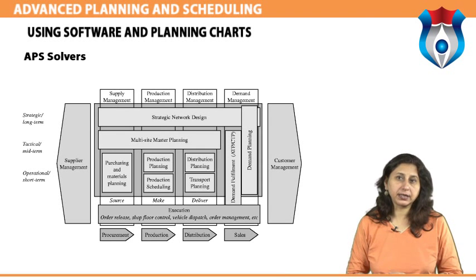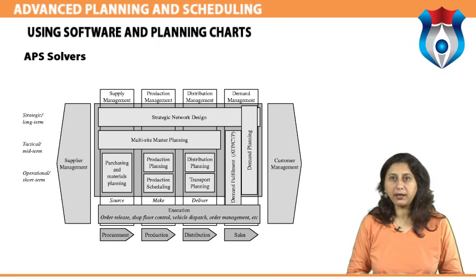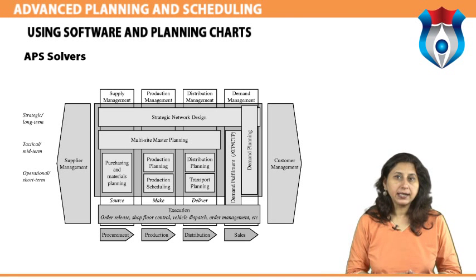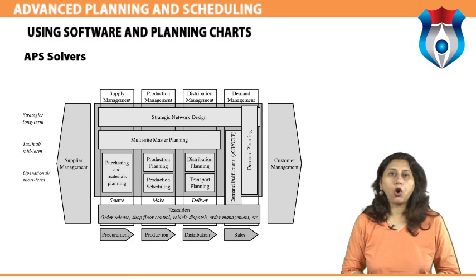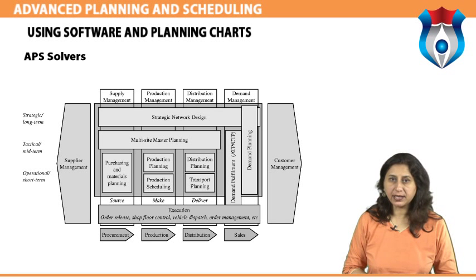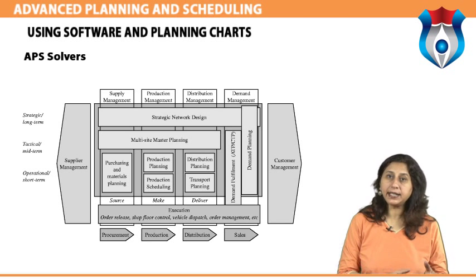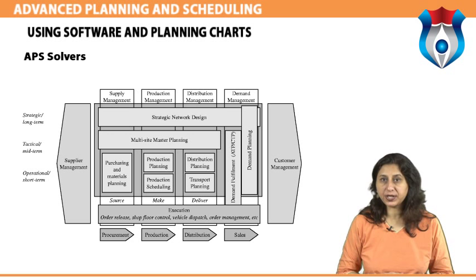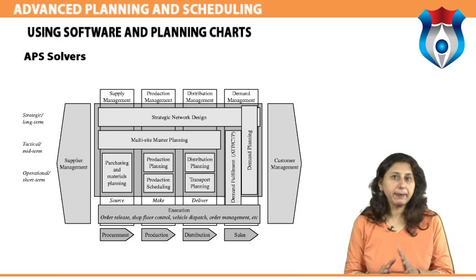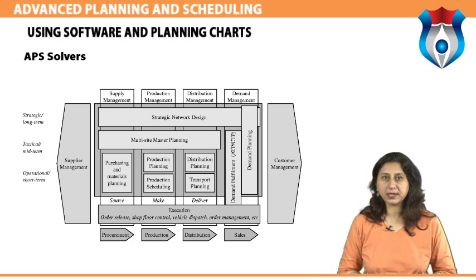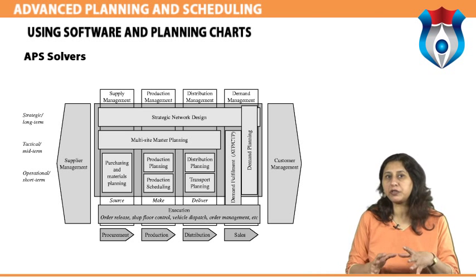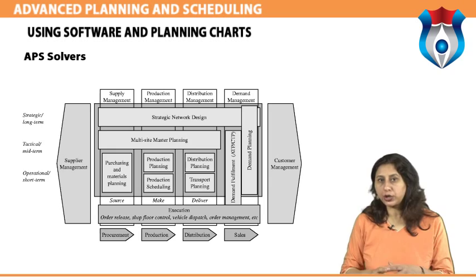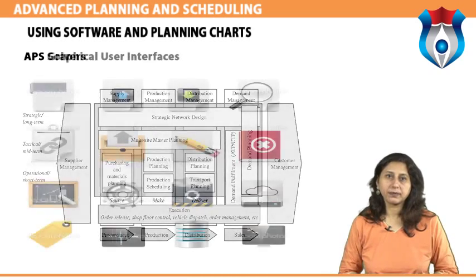Common statistical methods used by APS software include regression analysis, exponential smoothing, or Bayesian forecasting methods. Optimization methods often used include linear and integer programming. Many APS software vendors have also developed proprietary heuristics which apply rules-based approaches to solving problems. Often, a combination of these different methods is used to capture the benefits of each.